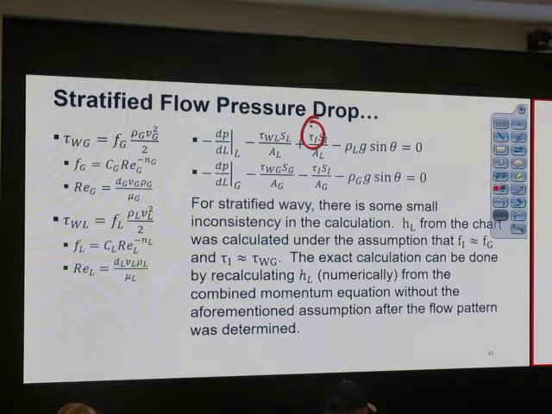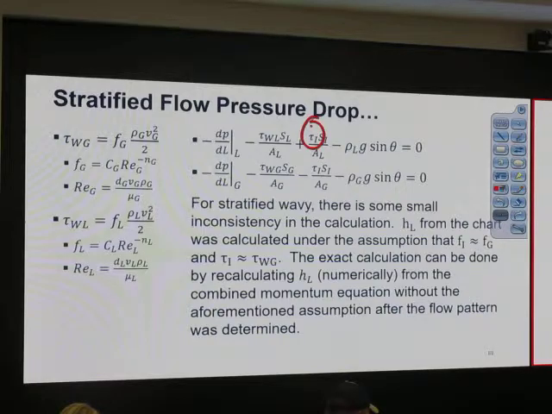A closure relationship is validated against a certain data set. Okay, it may be 6-inch pipe. If you want to extrapolate the model, this means we extrapolate the use of the closure relationship inside the mechanistic model. So that's why it could be wrong too. Okay.